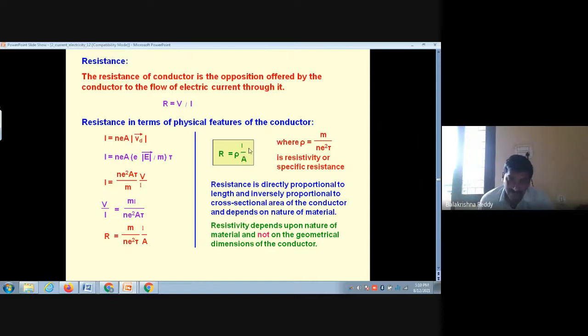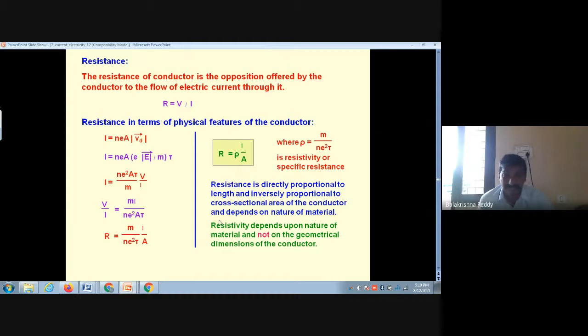So from the given formula we can define resistivity as an inherent property of the material. Why did I say inherent property? This property belongs to the particular material of the conductor.